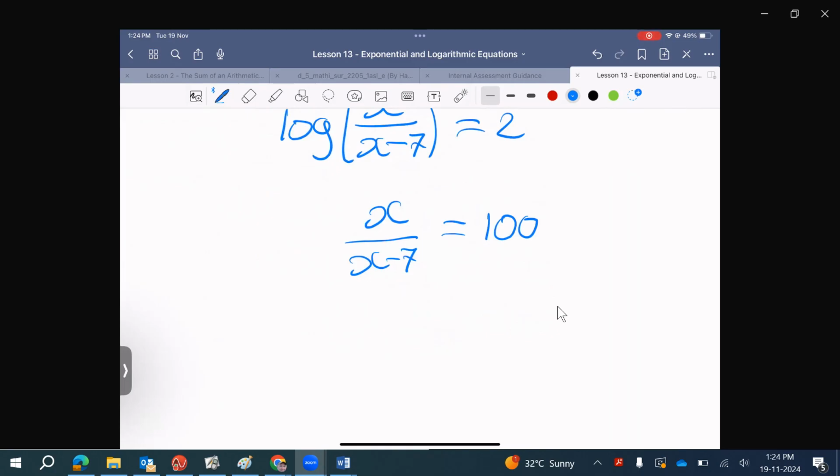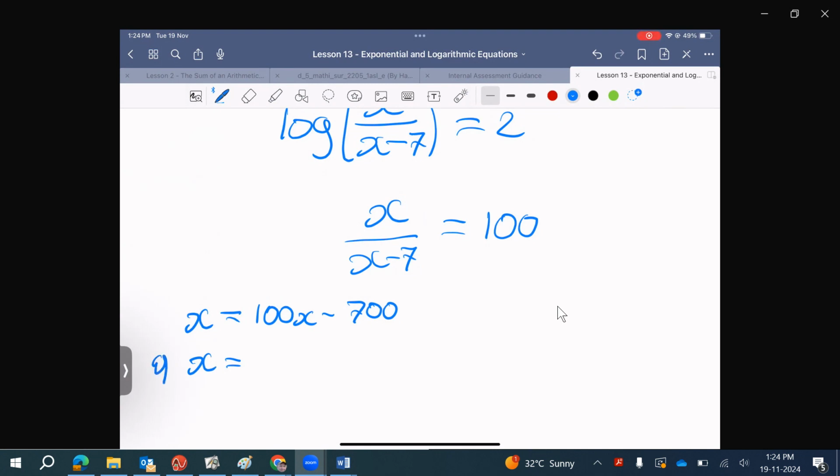Rearranging, we get x equals 100x minus 700. 99x equals 700. x equals 700 over 99, which is roughly 7.